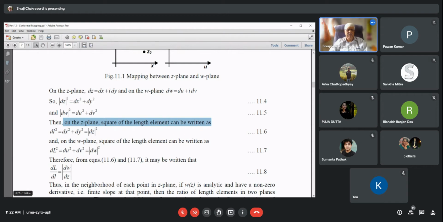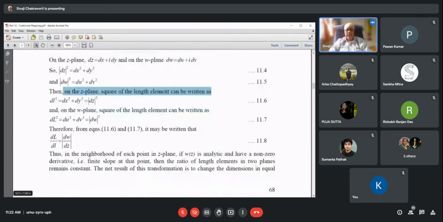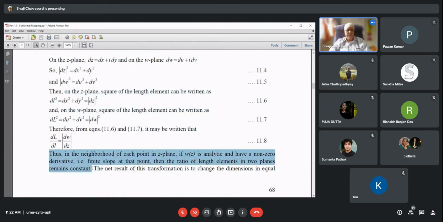We are also saying this is f(z). So this is nothing but the first order derivative of the complex variable function which we have taken as the mapping function.